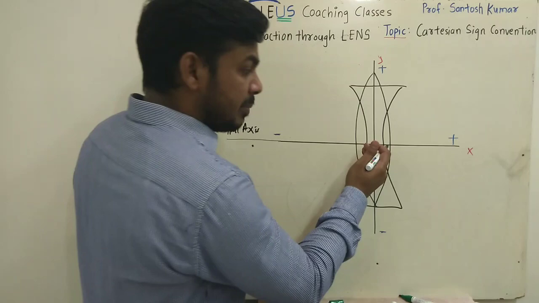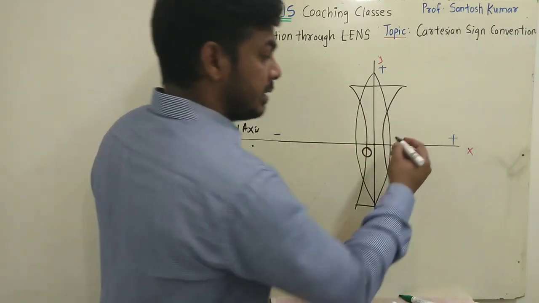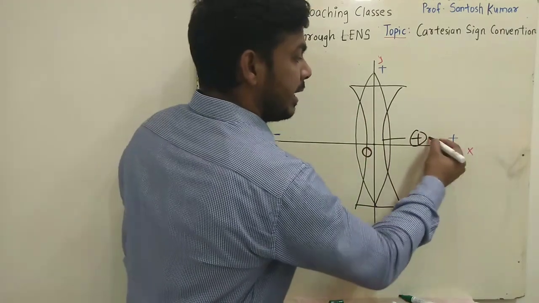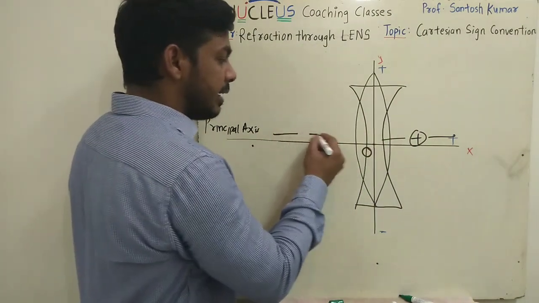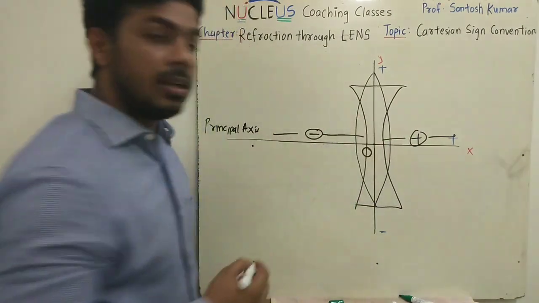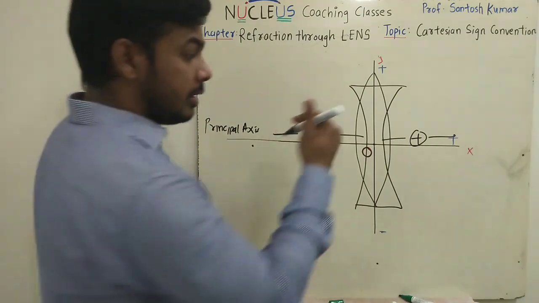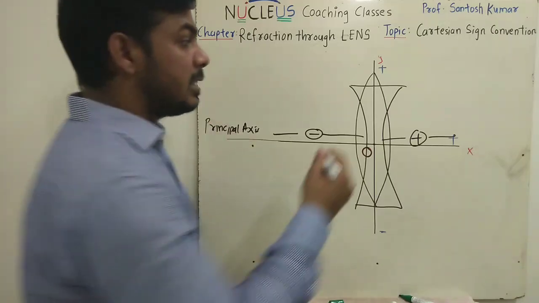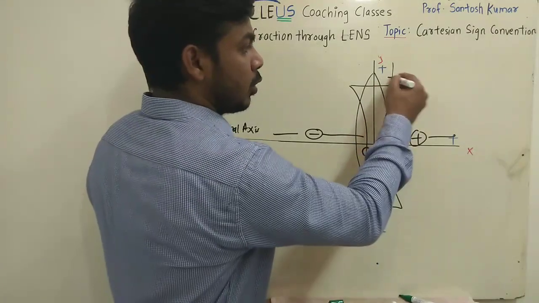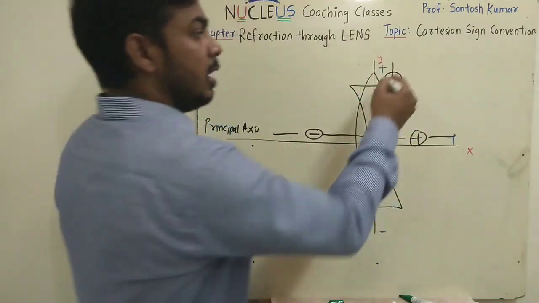So the distance measured to the right hand side of optical center will be taken as positive. The distance measured to the left hand side of optical center will be taken as negative. The distance measured above the optical center or above the principal axis will be taken as positive.